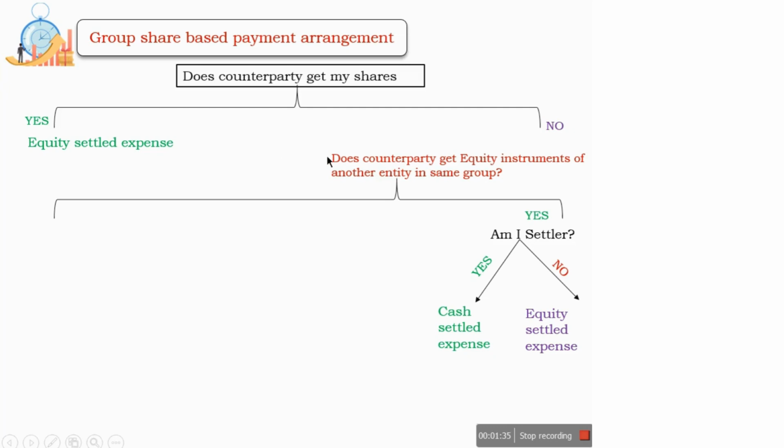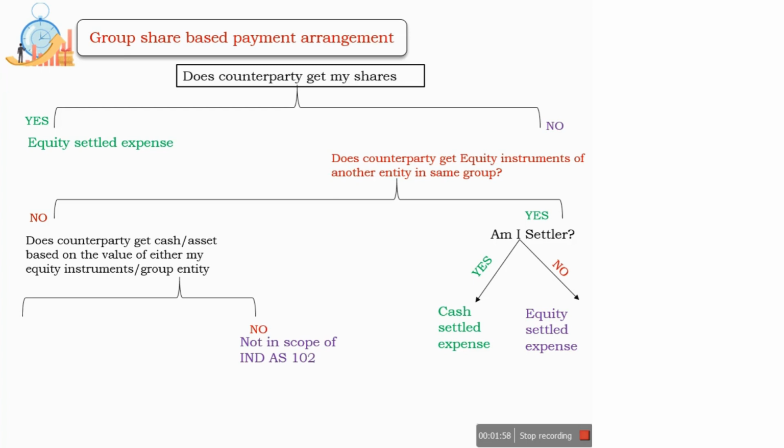In case the counterparty does not get equity instruments of another entity in the same group and the answer is no, then we need to check, does the counterparty get cash or other assets based on the value of either my entity's instruments or group entity's? In that case, if the answer is no, this is not in scope of Ind AS 102.